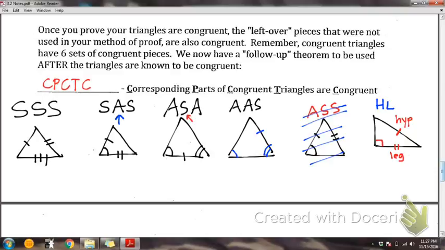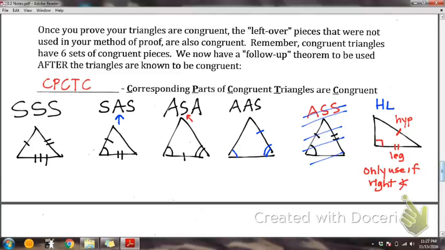And you do have a couple in your homework that are hypotenuse leg, but again, you can only use it if you see a right angle. So only use if right angle. If you don't see a right angle, don't use angle, side, side ever, but only use it as hypotenuse leg, HL, if you see a right angle, okay?